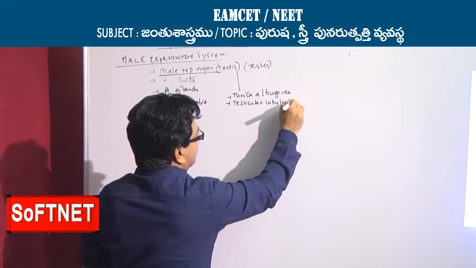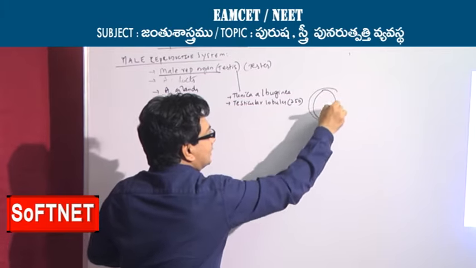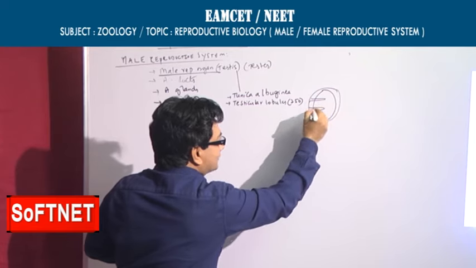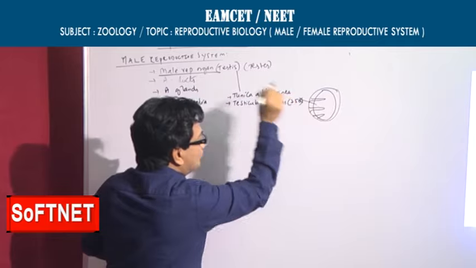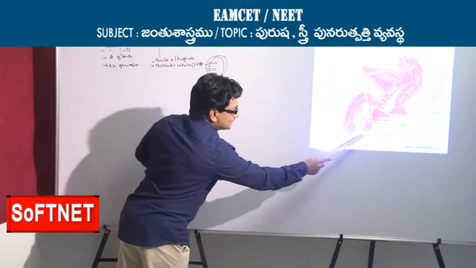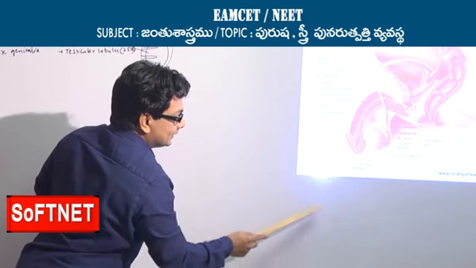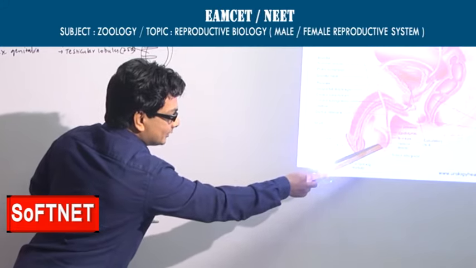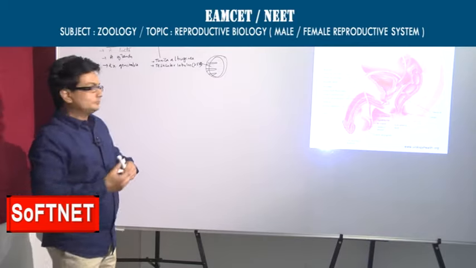Suppose this is the testis covered by the tunica albuginea, and this will move inside like this to form the septum, dividing the testis into lobules. This is what is called the testicular lobule. In the picture here, you can see the scrotum and the testis, which we call the extra-abdominal testis, with a temperature 2 to 2.5 degrees centigrade lesser than the body temperature.